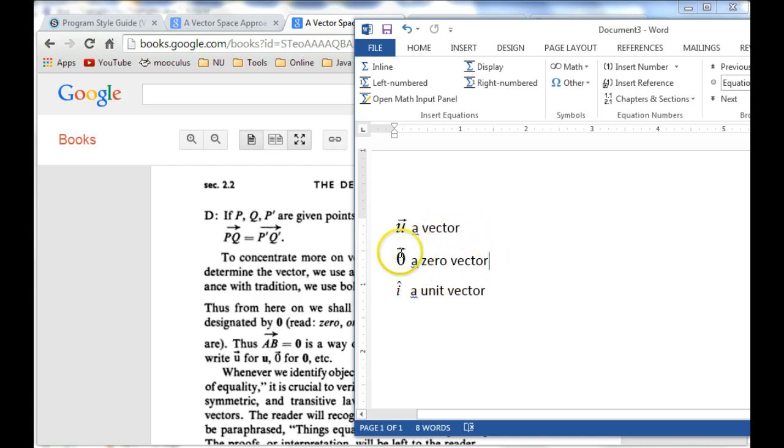The zero vector would be written like this. And there's also this thing called a unit vector, which just means a vector that has length 1. And that's usually written with a little caret on top of it. So that is your intro to vectors.